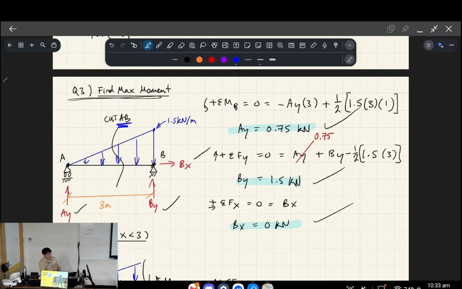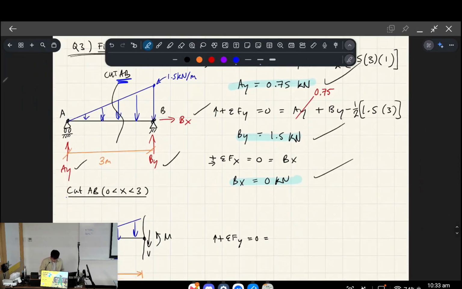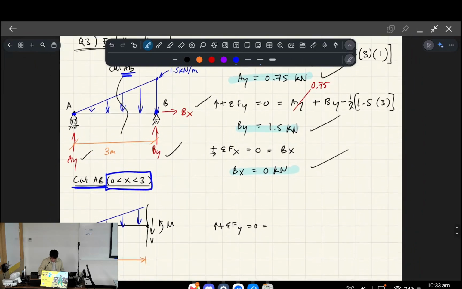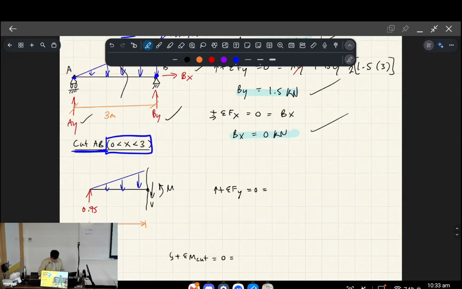If I write cut AB, it's saying we're starting at point A and we're walking towards point B. The other thing when we're labeling this free body diagram is you have to describe the domain of X. So I'm saying that this represents everything between x equals 0 and x equals 3, non-inclusive.